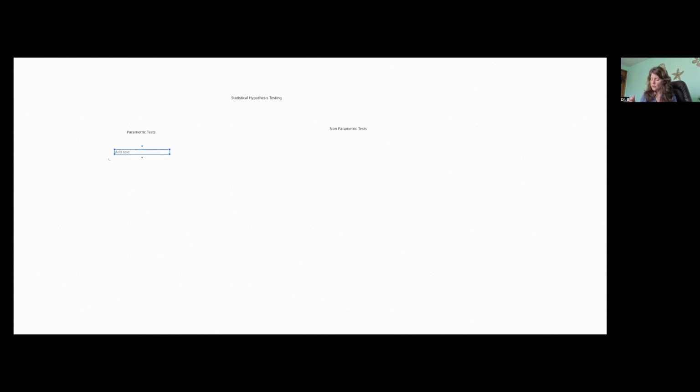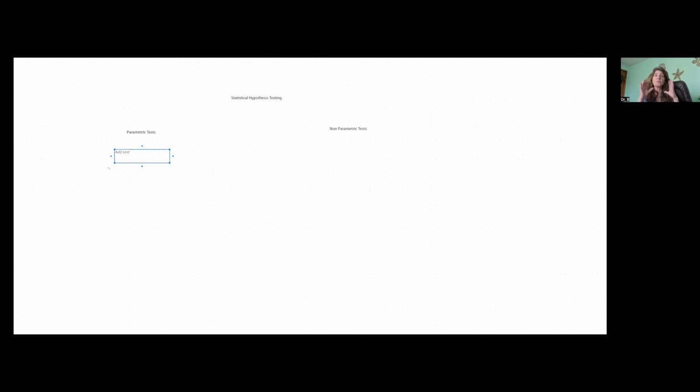So the key to a parametric test is that it is a hypothesis testing test. So you start with a hypothesis regarding a parameter, like mean or standard deviation. Right? So you start with a hypothesis.